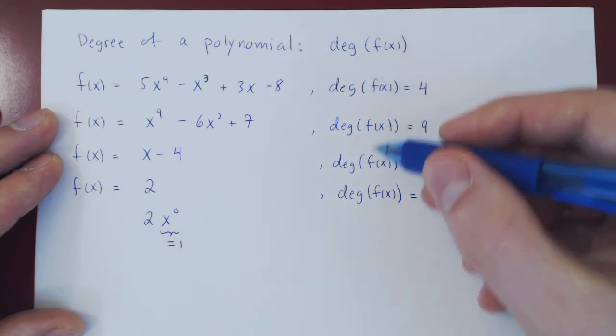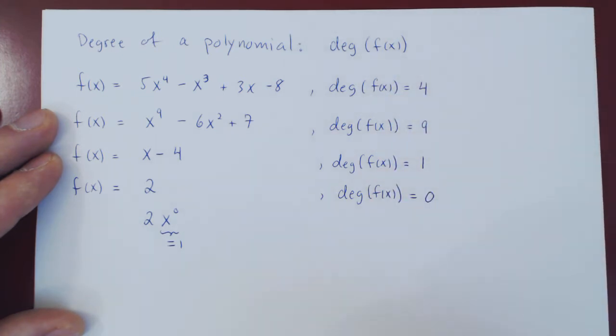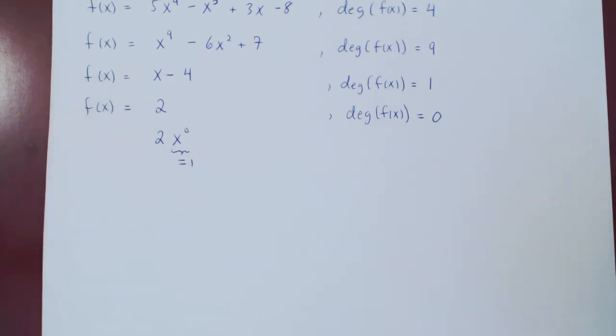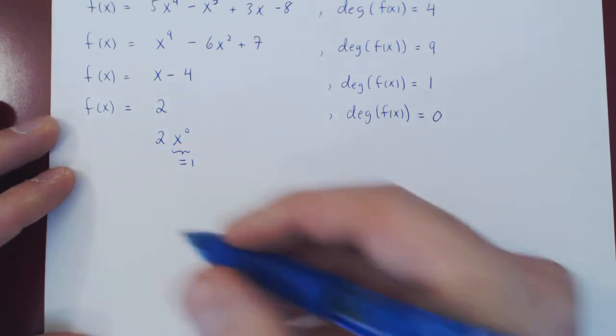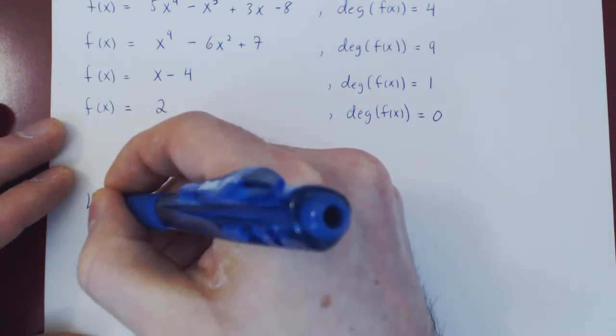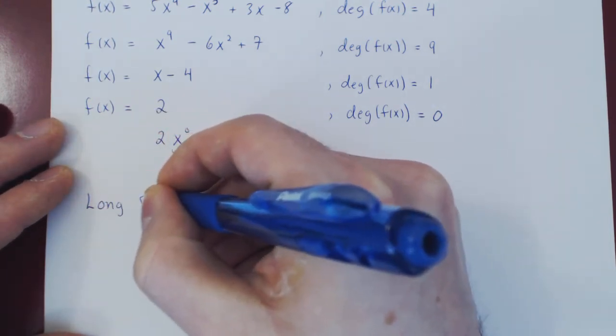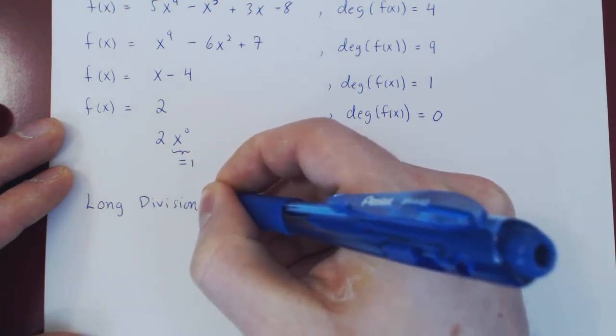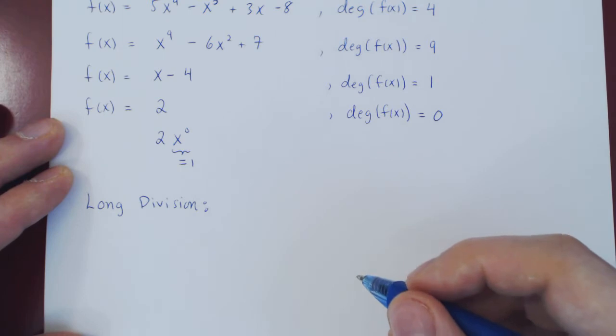Now let's see how the idea of the degree of a polynomial fits with long division. Let's remember what is the statement of long division, and then we'll consider two examples. So what does long division say?